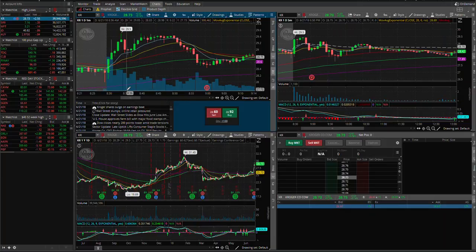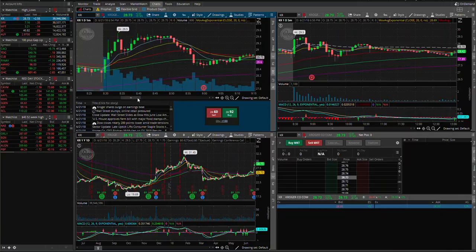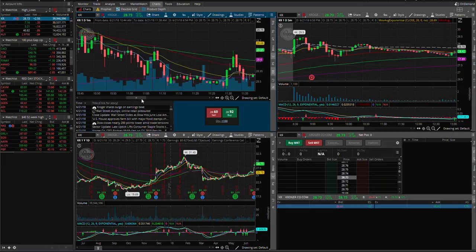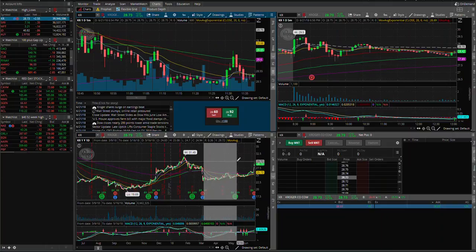So when you are trading, as your candlesticks move between these EMA lines, you will notice they act like supports and resistances. Let me scroll through here and try to find something a little bit better.